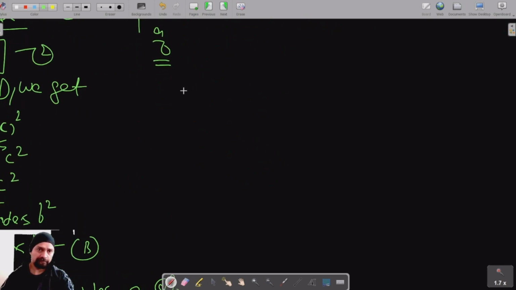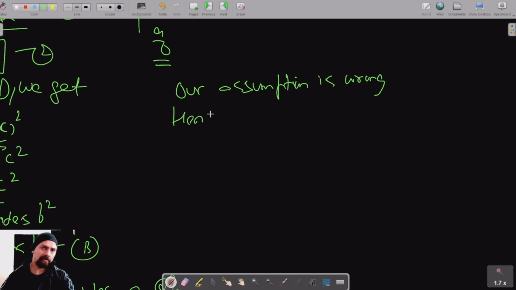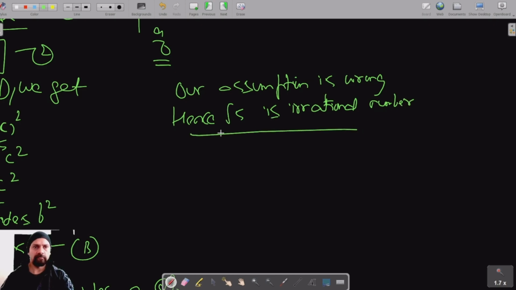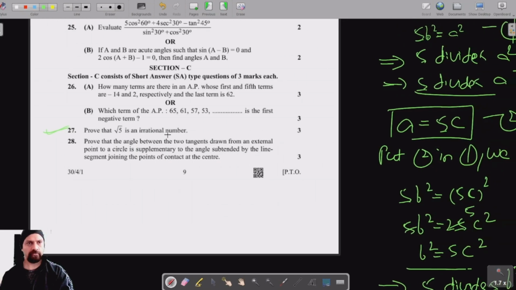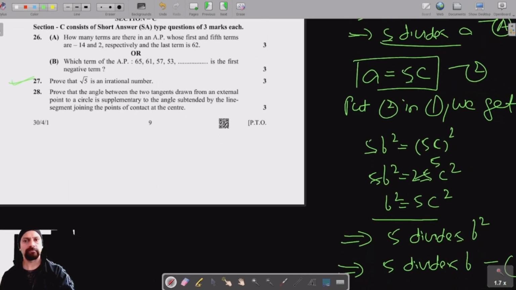So that means our assumption is wrong. Hence, root 5 is not rational, but it is an irrational number. And this solves our question number 27. Let's move on to question number 28.